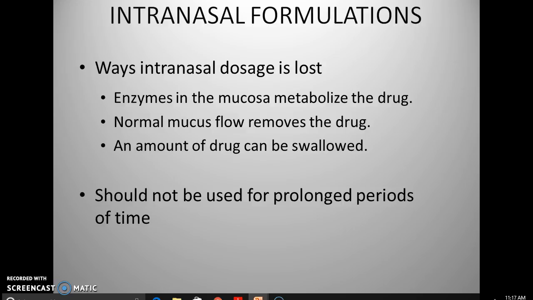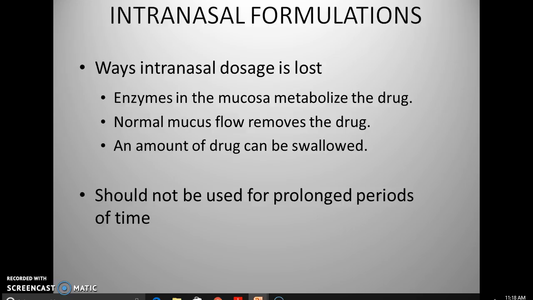Okay, so why does intranasal dosage get lost? What are some challenges of using the intranasal route to get certain formulations through that particular area? One, enzymes in the mucosa may metabolize the drug, making it ineffective.